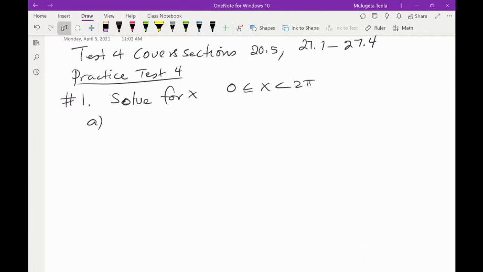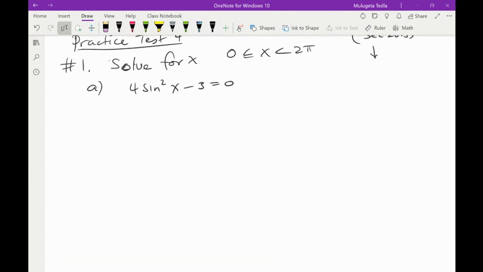A: 4 sine squared x minus 3 equals 0. These questions are section 20.5 questions, right? There are a few of them.